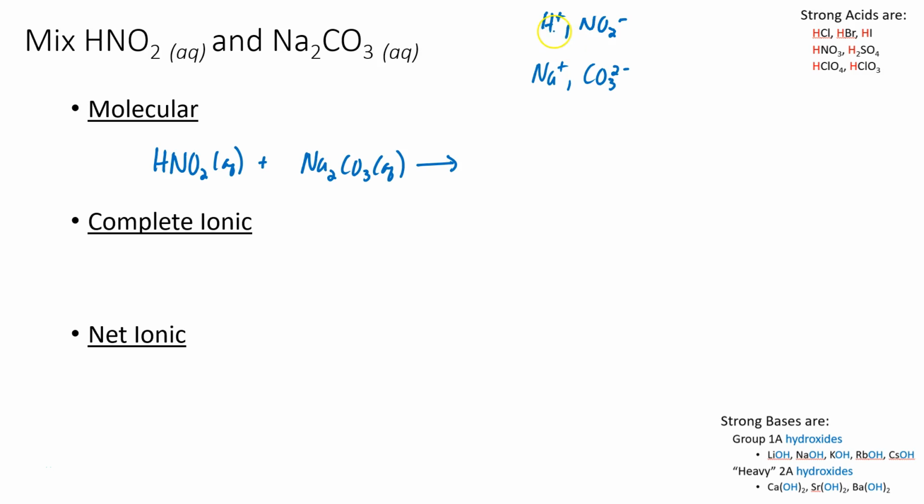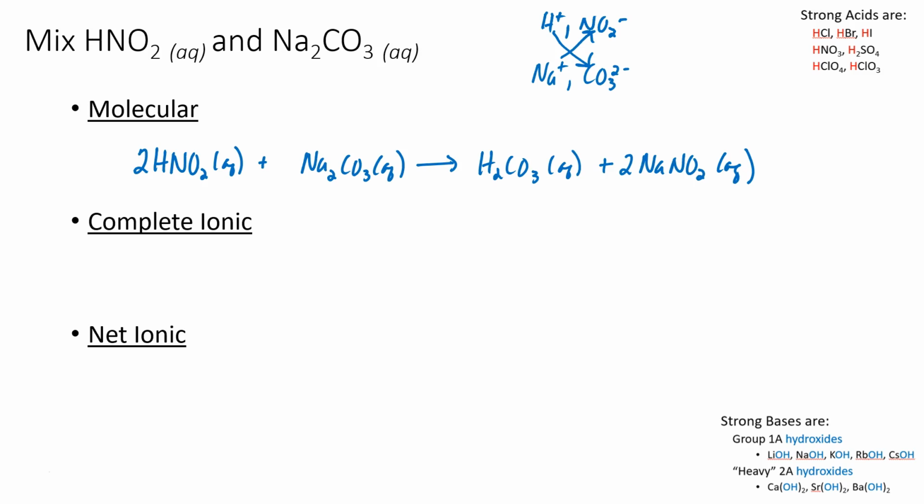So the first product is going to be carbonic acid. Notice that we're going to need 2 H pluses for every 1 carbonate. And there's something special to remember about carbonic acid. But let's write the other product. That would be sodium nitrite. And all group 1A salts are soluble. And maybe we could balance this. I think if I put a 2 here and a 2 here, that ought to do it.